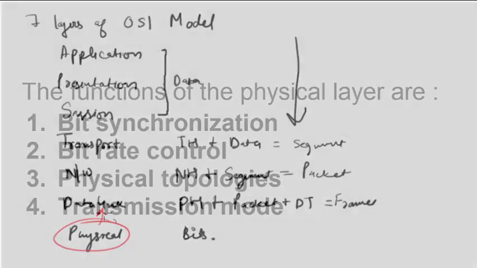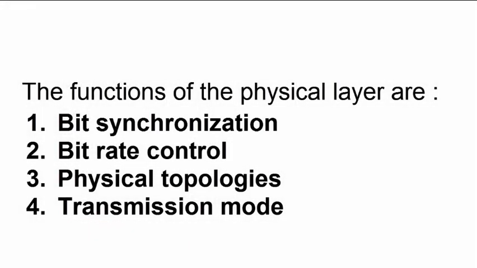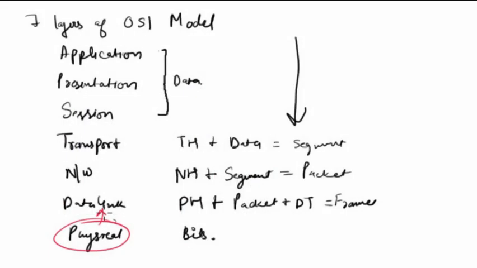The functions of the physical layer are bit synchronization, bitrate control, physical topologies, and transmission modes.